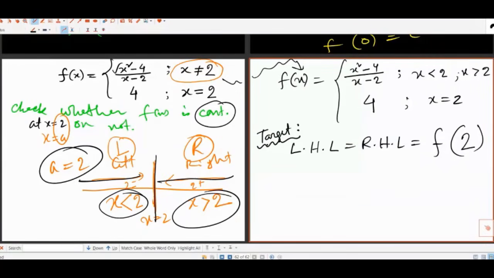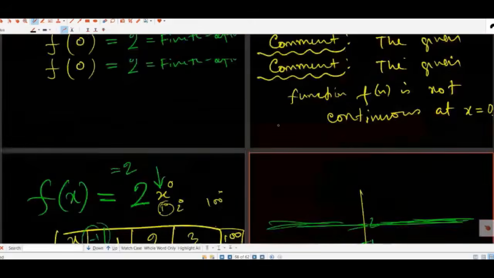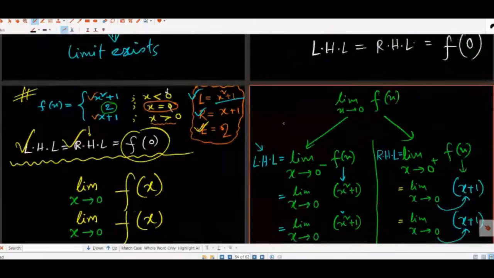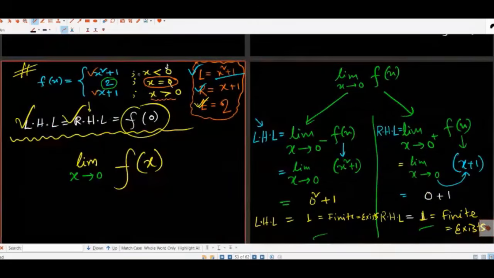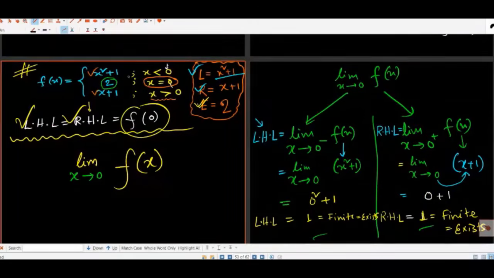So let's construct the limit first. Just like the previous problem, we had just the function. No limiting concept is given, but since we know the definition of continuity, left hand limit, right hand limit, functional value, the concept of limit automatically comes in at x tends to a.